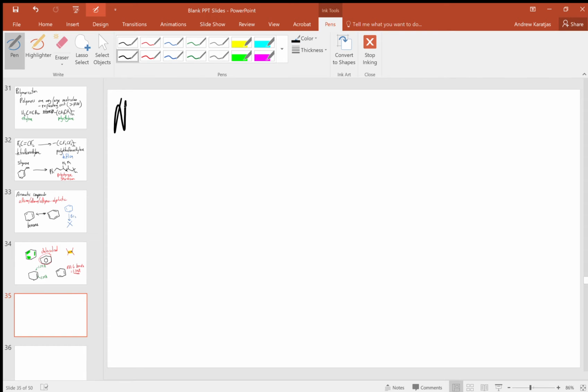So now we're going to do some nomenclature for aromatic compounds. And nomenclature here is different. It's definitely the one functional group that doesn't really follow the rest of the rules as well.